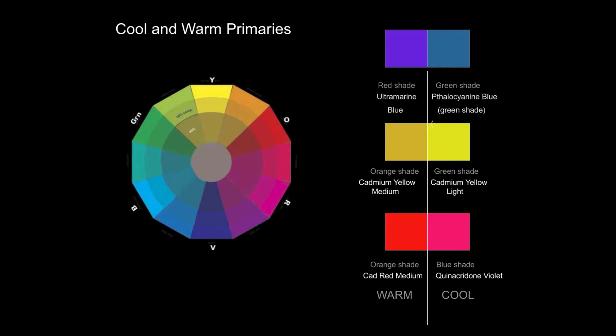What's nice about working in CMY is we don't have to do that. We can use our yellow, cyan, and magenta, and they're relatively unbiased hues, and we can use them to mix. For example, we can use the magenta to make warm red, and we can also use it to make cool violet.